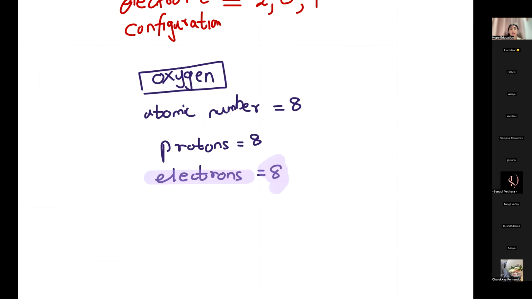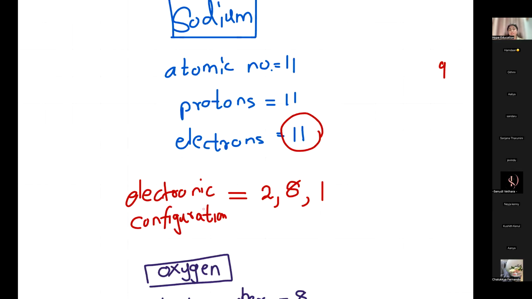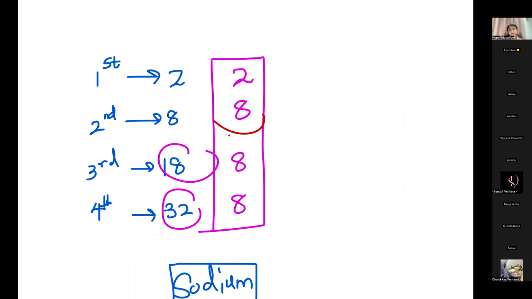Now let's see. I told you in the first energy level, there are 2 seats. The 8 electrons එනවනේ. Out of these 8 electrons, 2 electrons sit on the first energy level. There are electrons 6 ඉතුරුයිනේ. What is the maximum number of seats in the second energy level? 8.